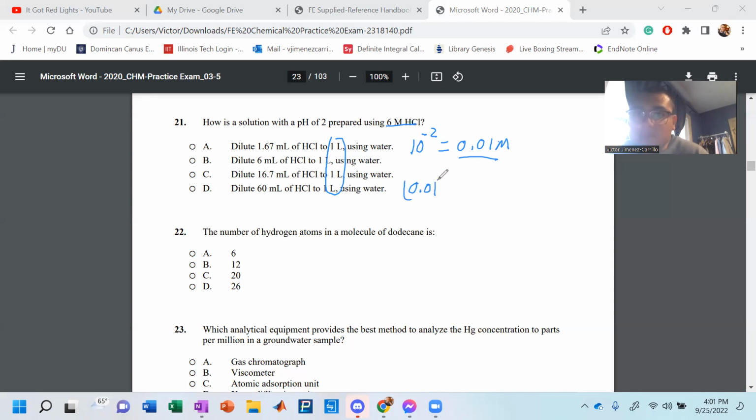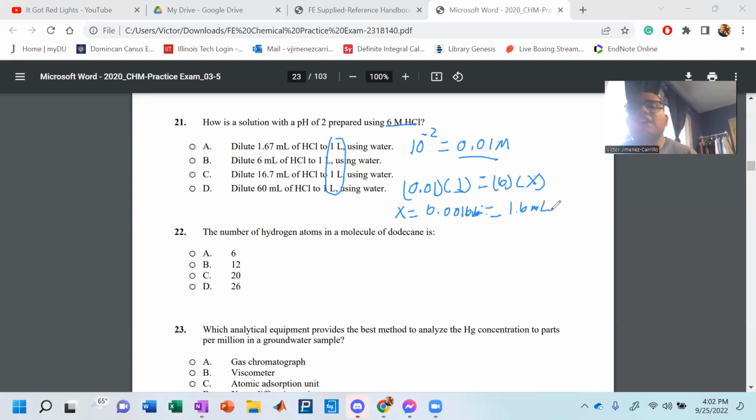The way they get this is by diluting this using 1 liter. You're looking for the 6 molar, that's your M2, of X. X is the volume used for diluting. X is equal to 0.0016 liters, which is the same thing as saying 1.6 milliliters. Excuse me, I had a lot of word salad there, so let's explain that.